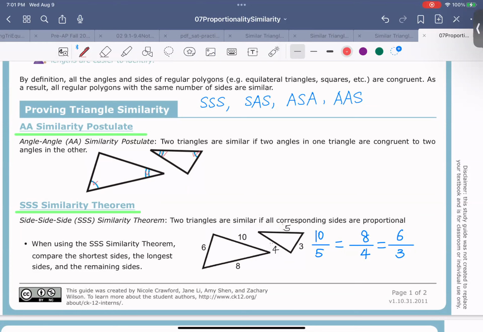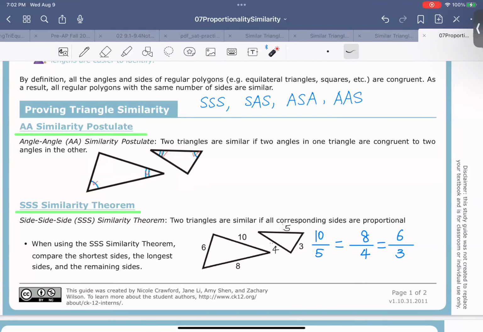Do you need to prove the third one to be the same? Not really, because the three angles together sum to 180. If you know these two are equal, and these two are equal, then the third one will always be equal. So you can use angles to prove two triangles to be similar.